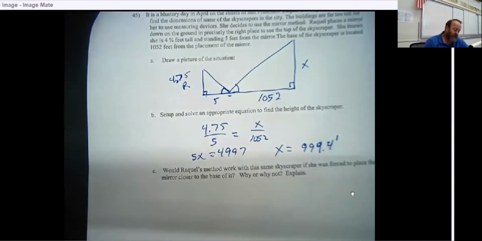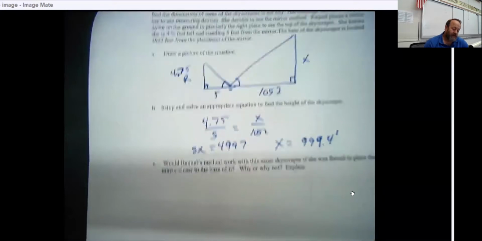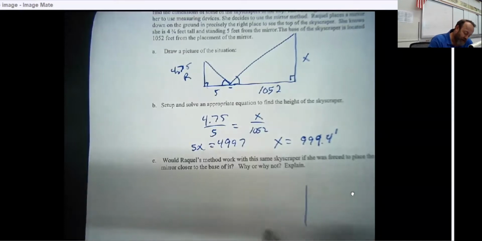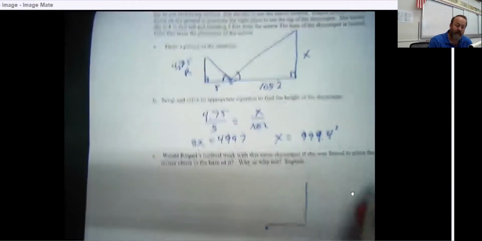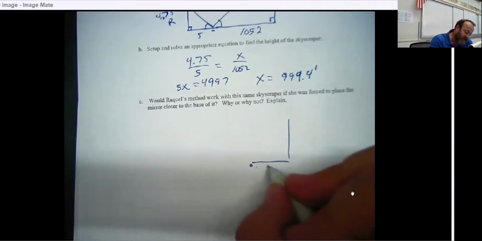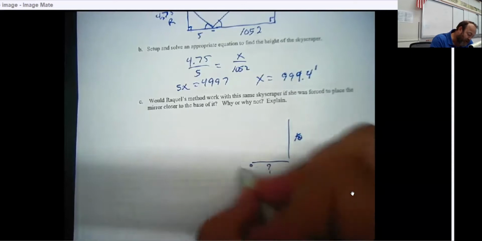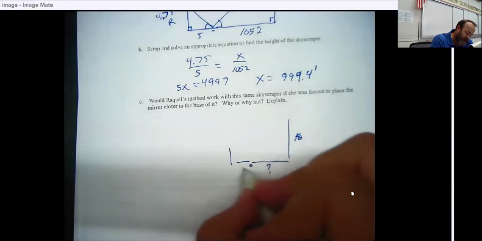And then of course, the silly question is, would Raquel's method work with the same scriber if she was forced to place the mirror closer to the base? Well, it absolutely would work, but if Raquel had to place the mirror closer to the base in order to keep these two values exactly the same, Raquel herself would have to get closer to the mirror.